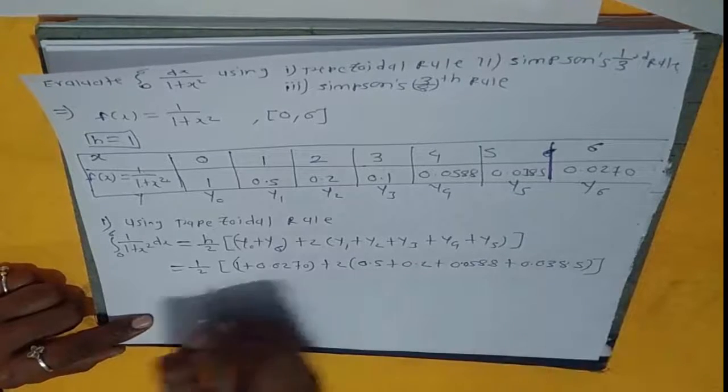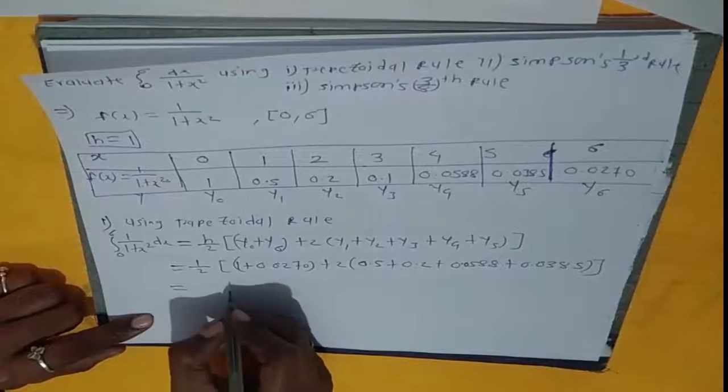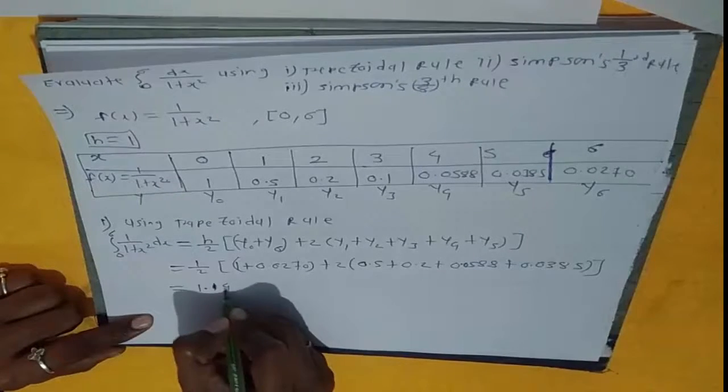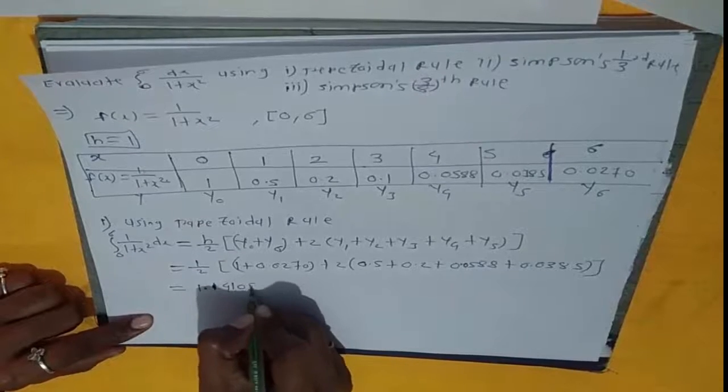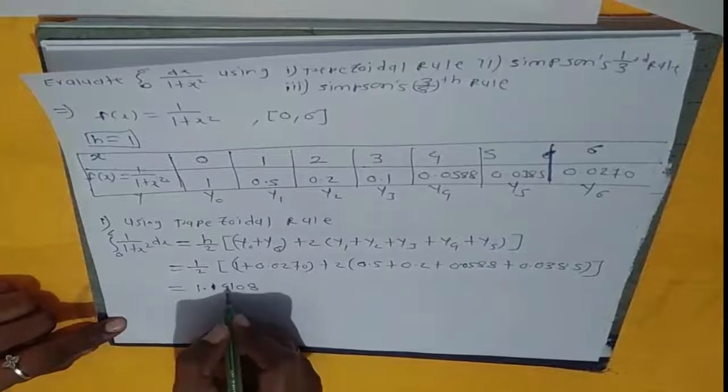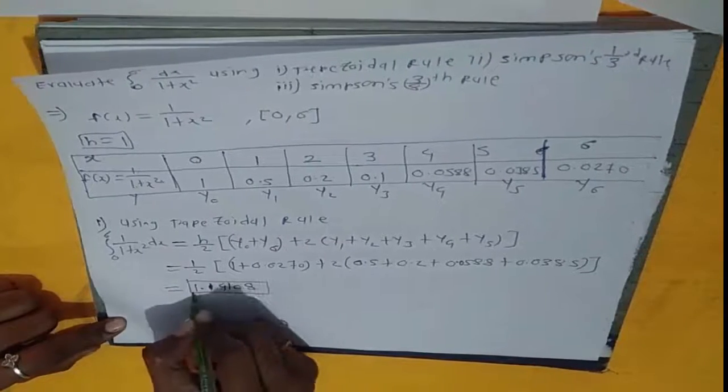Bracket complete, and by simplifying we get the value 1.4108. So using the trapezoidal rule the value of the integral is this.